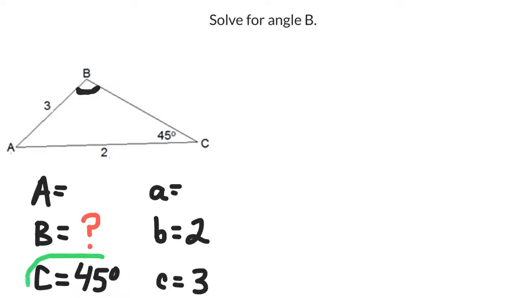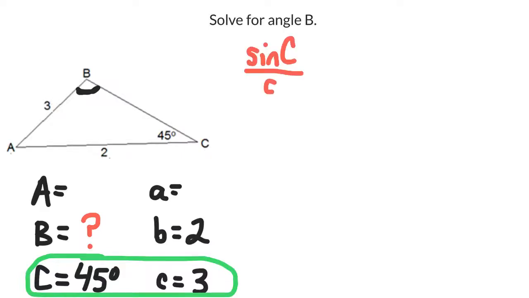I know this complete ratio for angle C and side c, so I'm going to start with that in my sine law. And I want to know angle B, so I'm going to set that equal to the ratio involving b. And now I'll plug in what I know and solve for what I don't.